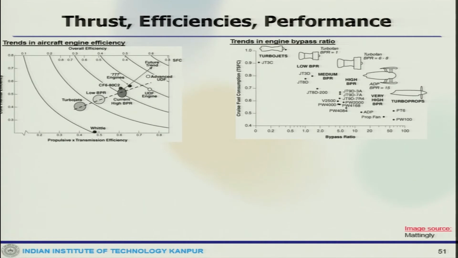This is where turbojet lies, quite at the top, then turbofan with bypass ratio 1, then low bypass ratio, medium bypass ratio, then high bypass ratio, turbopropeller, and these are different examples of all these categories of engines, where they belong and how their performance parameters vary, which I just tried to draw schematically.